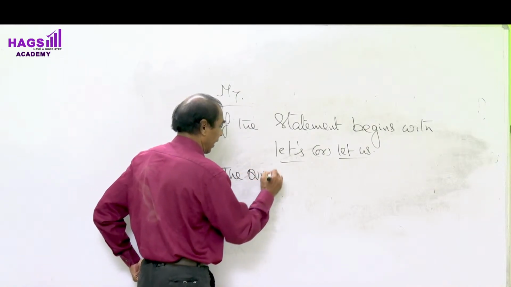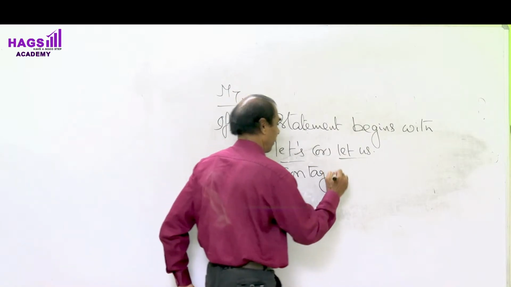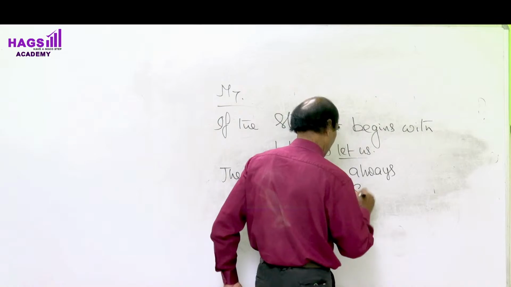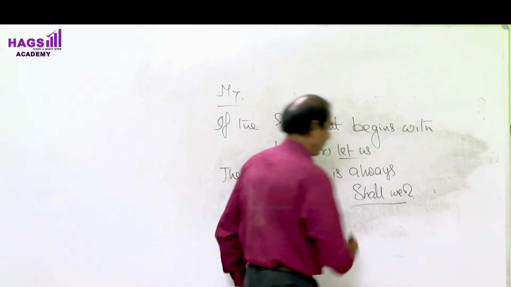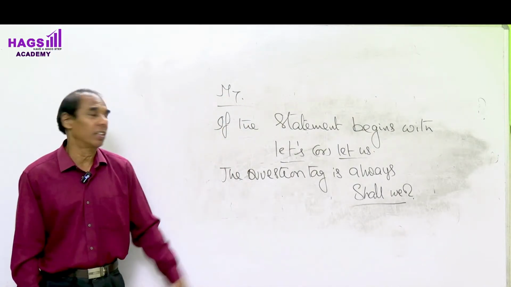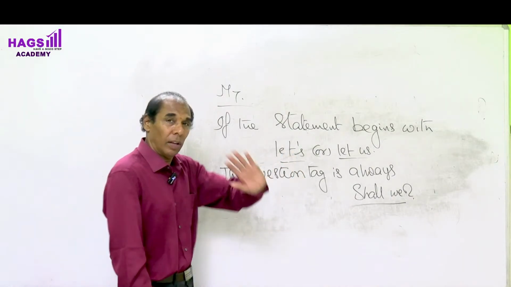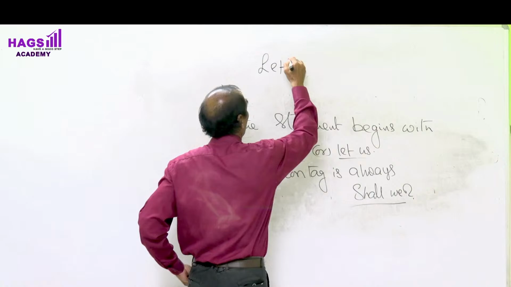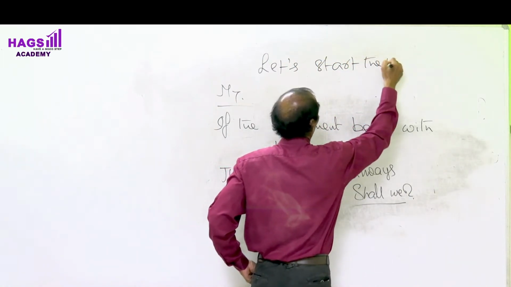If the statement begins with let's or let us, the question tag is always shall we. Very easy. Right? See, observe. Let's start the work.